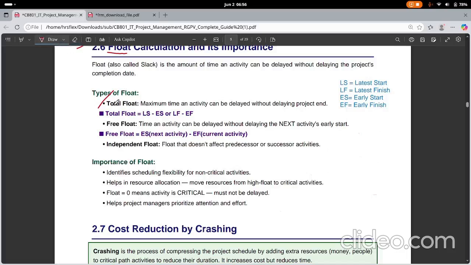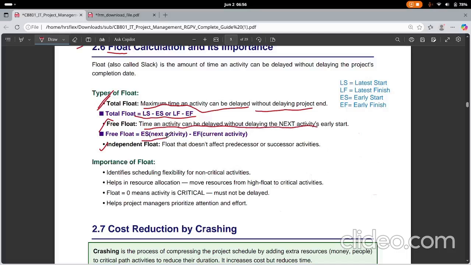There are mainly two types of float, total float and free float, and one more, independent float. Total float is the maximum time an activity can be delayed without delaying the project end. That is, total float equals LS minus ES, or LF minus EF. Free float is the time an activity can be delayed without delaying the next activity's early start.